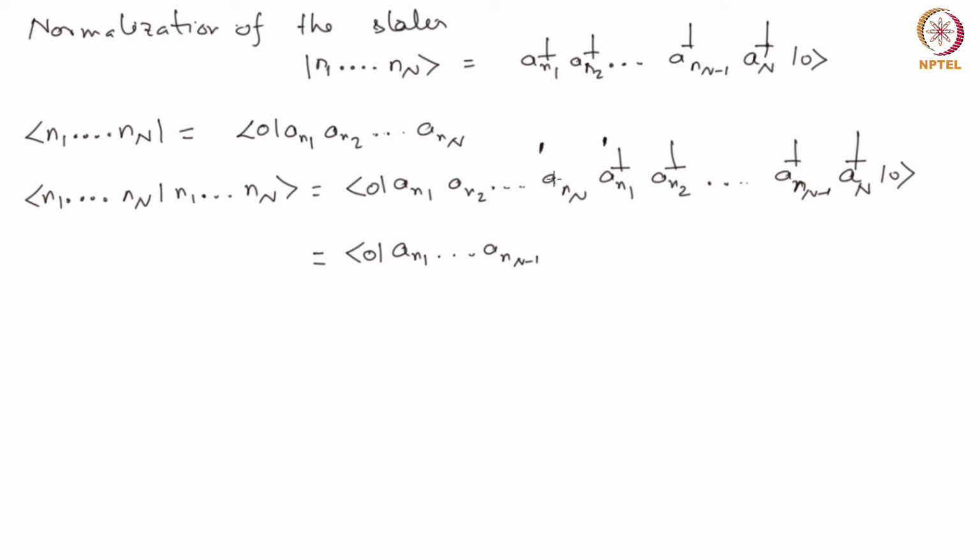What I'm trying to say is these two, the A and A daggers, commute if this subscript is different from this subscript, because the A daggers corresponding to different oscillators commute anyway. They do not commute, and you get a constant term, if ANN and AN1 dagger correspond to the same oscillator. So for the moment, let's take all the indices to be different. Take the case where N1 is not equal to N2, is not equal to N3, and none of them are equal.